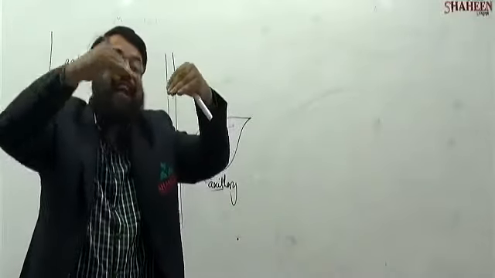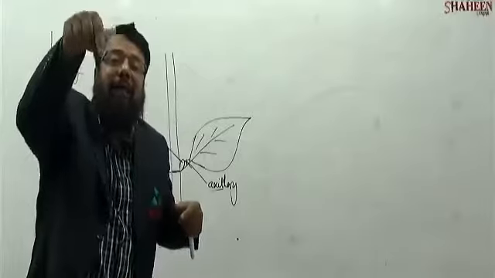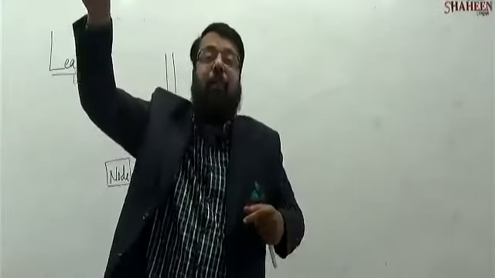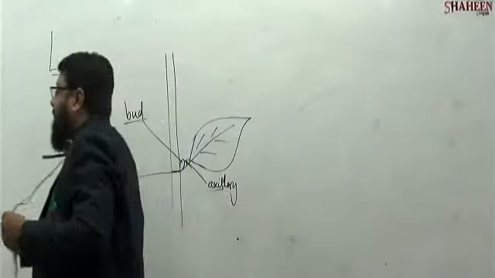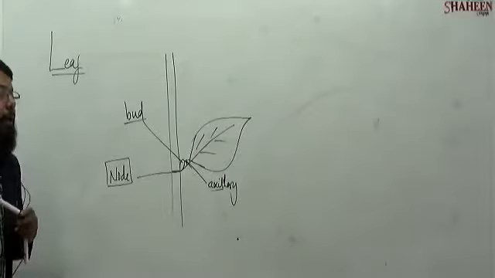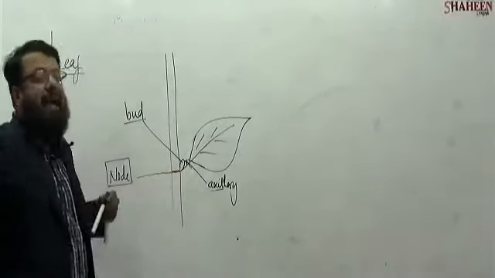The leaf is getting attached to the stem, and that axil will have a bud that is called as axillary bud. Yesterday we came across the terminal bud, the bud that is present on the tip of the stem. But the bud that is present in the axil of leaf is called as axillary bud.